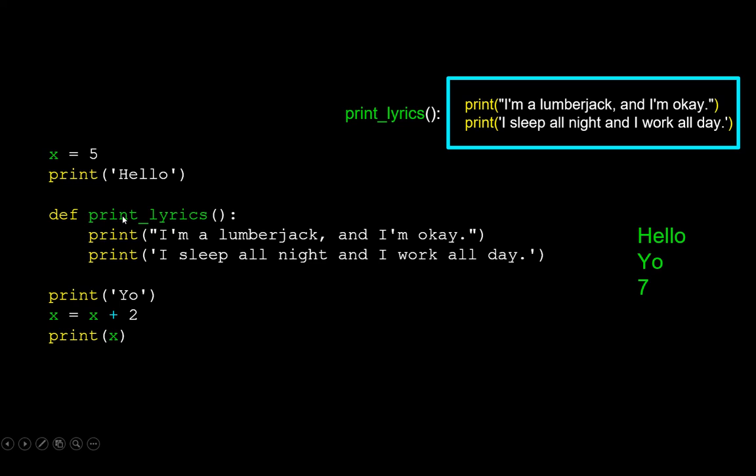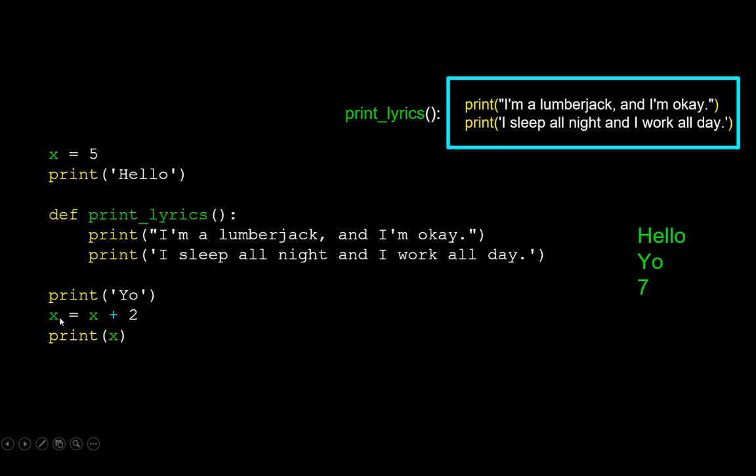Because we're defining this function and not invoking it yet, we will not have any output from those lines of code. The next line is another print, but because it's not indented, it's outside the function definition. So this will be executed as it is, and we will have yo here.